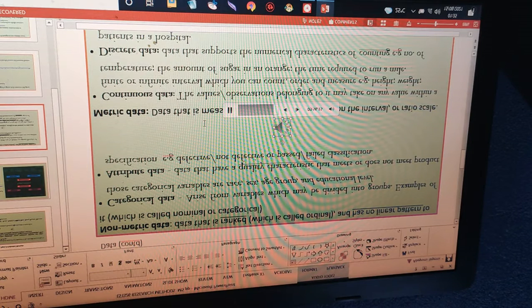The moment you start counting, say the number of products or number of subjects in a given area, say in a classroom, in a hospital, or in the stadium, that is an example of discrete data. Data that supports the numerical characteristics of counting. If you want to make any sense of that data, you have to count.